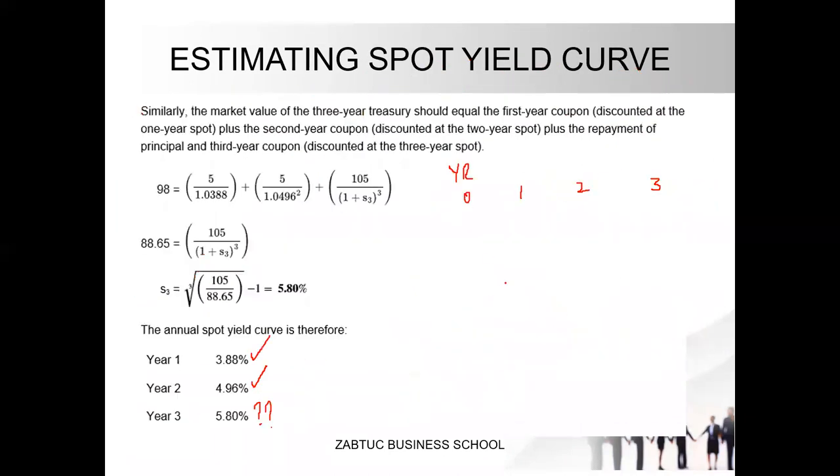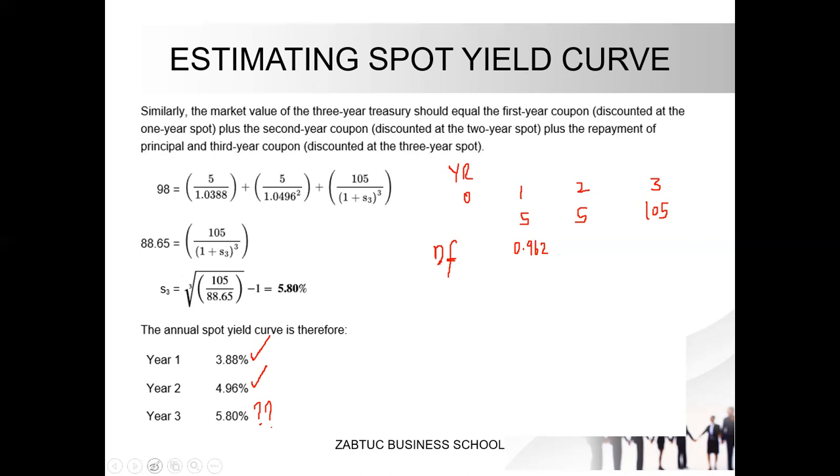Let's break it down. So this bond, what are the cash flows? And there are discount factors. Discount factors. This one, you already have it. 0.962.